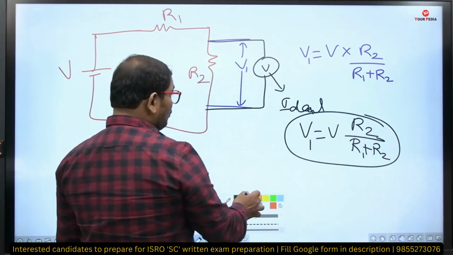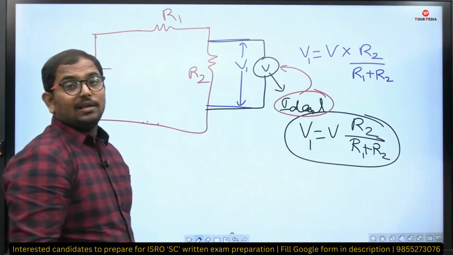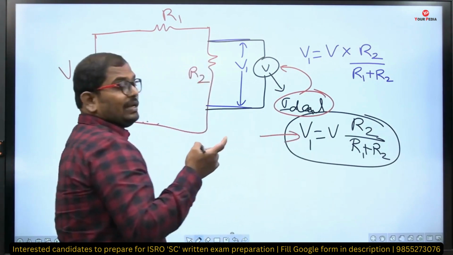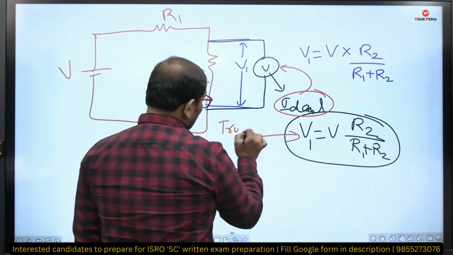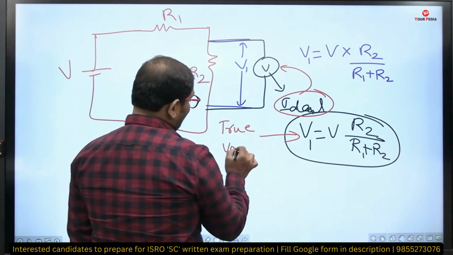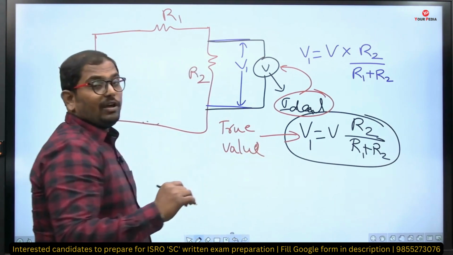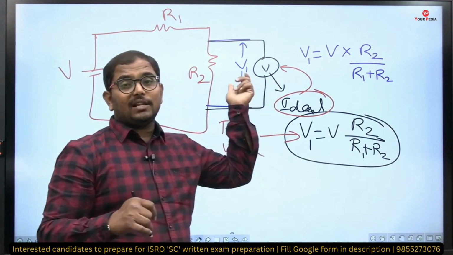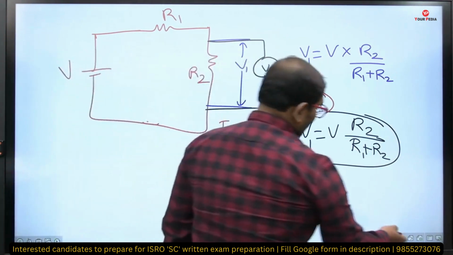If the resistance value of your voltmeter is ideal, then whatever value we measure, we call that the true value of voltage. Now let's introduce the internal resistance of your voltmeter, then we'll move to the problems.